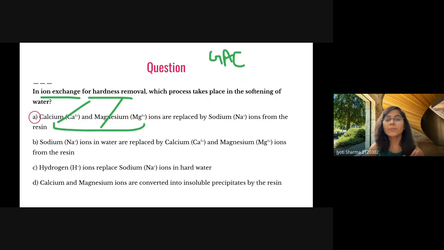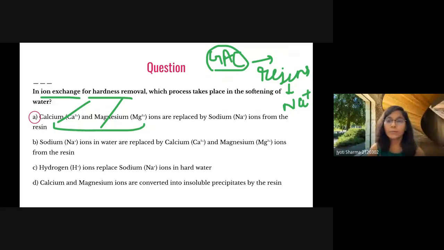If we want to remove that hardness, we should have some process. Just like GAC, activated charcoal, we may have resins, and those resins have Na attached to them. So the sodium ion is attached to the resin. Whenever we have calcium and magnesium in the wastewater, they will replace this sodium.